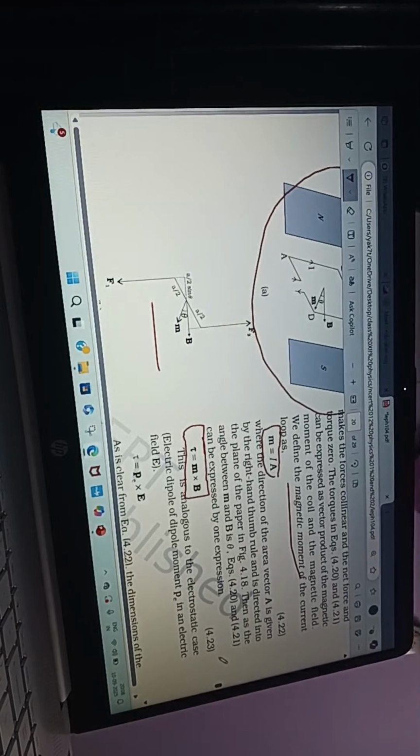But what is the torque in electrical? Electrical means the first chapter that you have studied, electrostatics. Torque in electrostatics is P E sin theta.